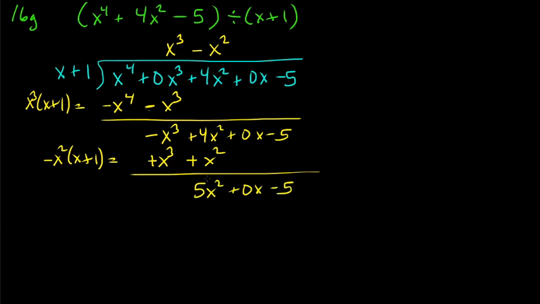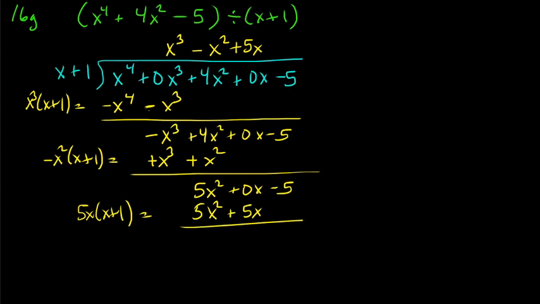Okay, round 3. Divide 5x squared by x, and you just get 5x. So multiply 5x times x plus 1, and you get 5x squared plus 5x. Subtract, or flip the signs and add.